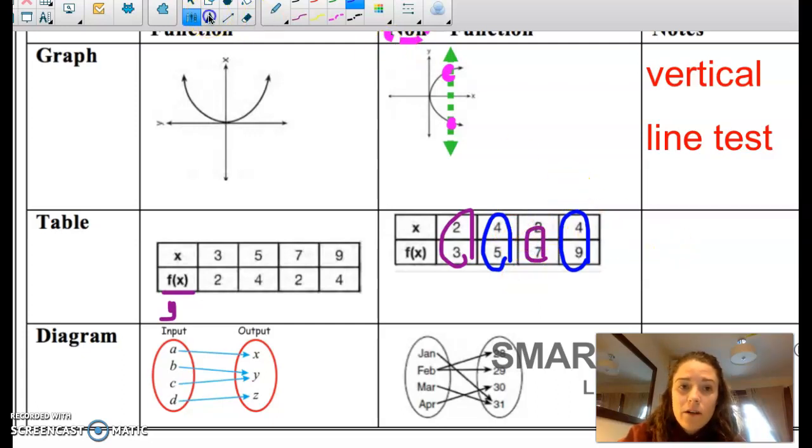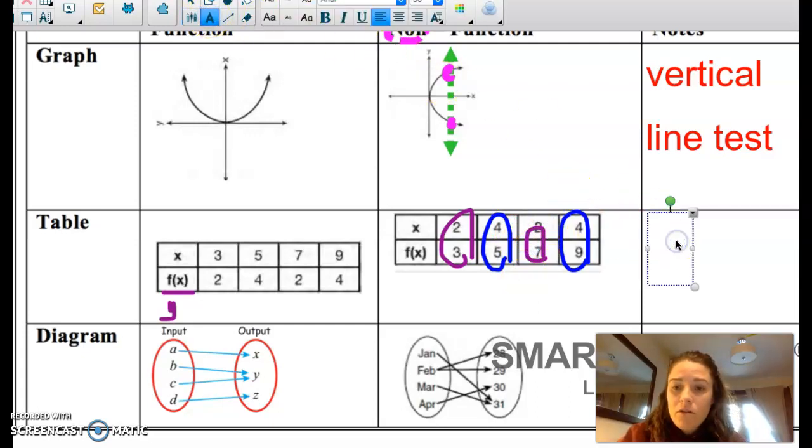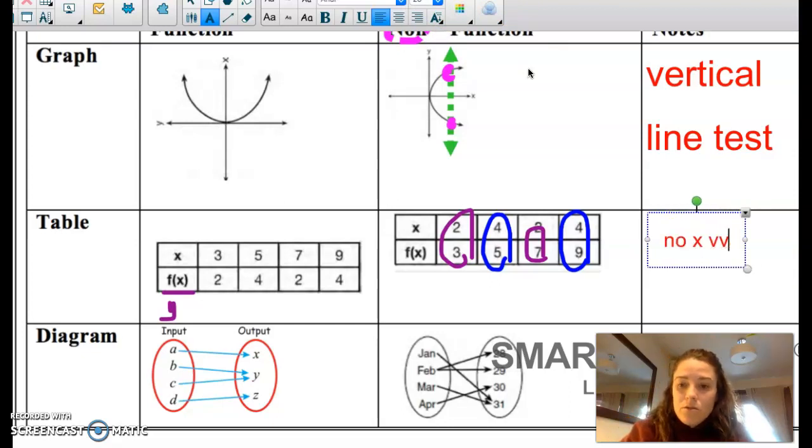So when you have a table, let me just make the font a little smaller so it fits. You want to make sure no x values go to different y values.